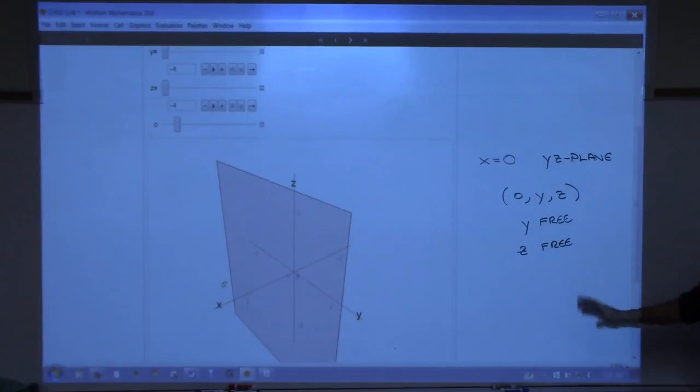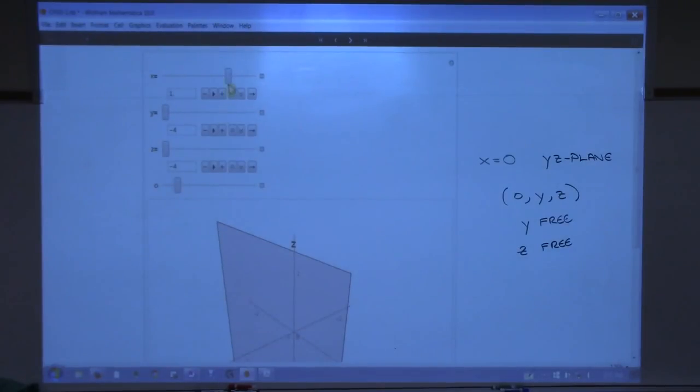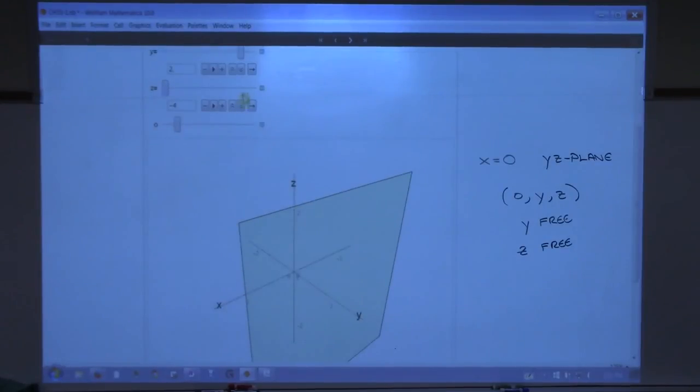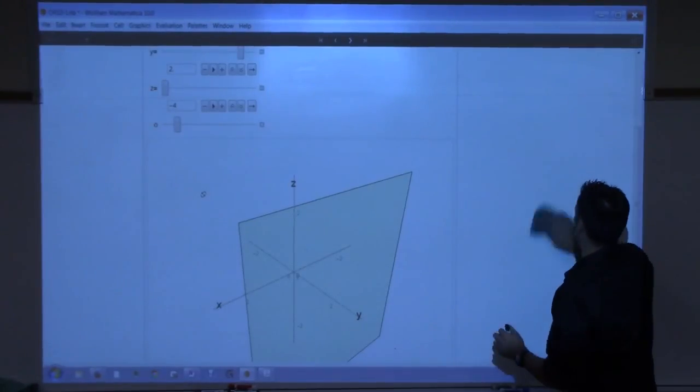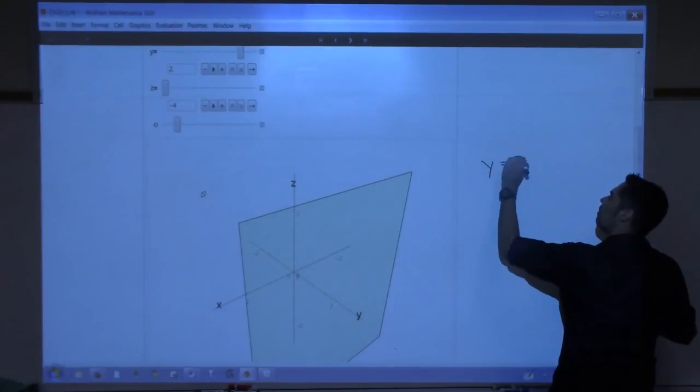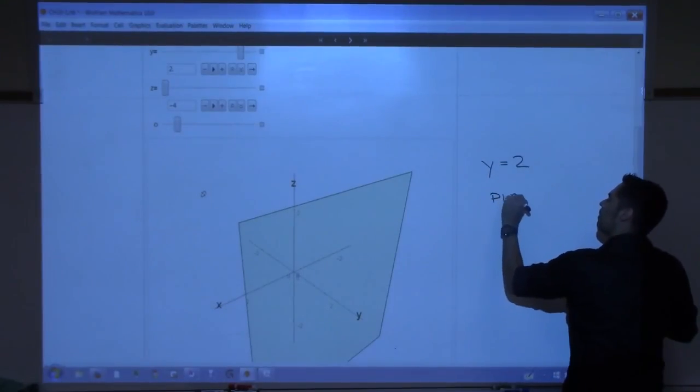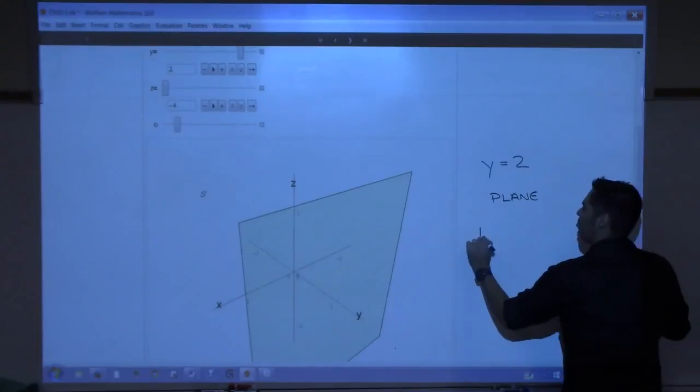Questions? What if I let y be 2? This would be a plane, right? Y is 2. Is a plane. It's parallel to what plane?